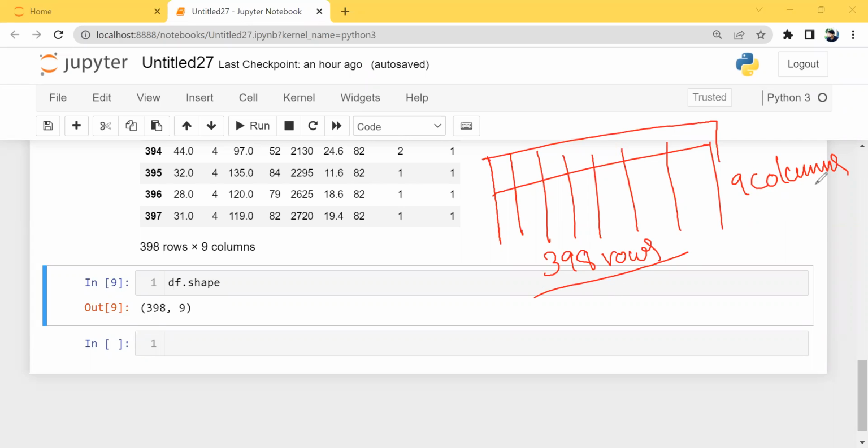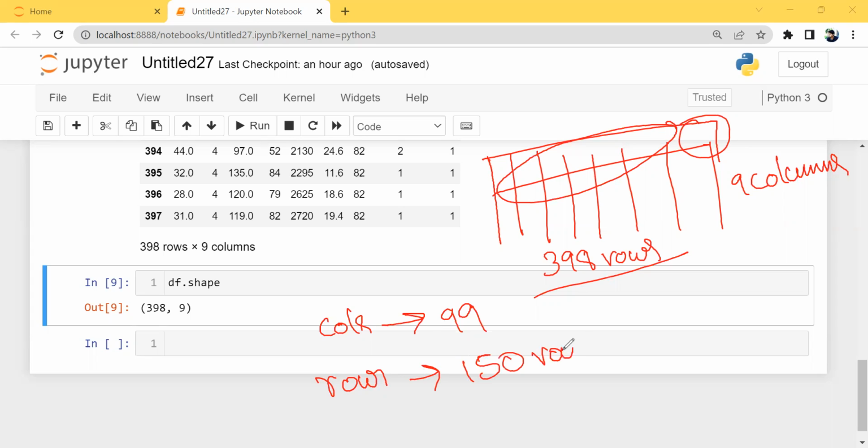I mean all the 8 independent columns and the 1 dependent column. Let's imagine this. But what if we have, let's say, 99 columns, but the rows are only 150? This won't be sufficient to explain the relation between the independent and the dependent column, right?